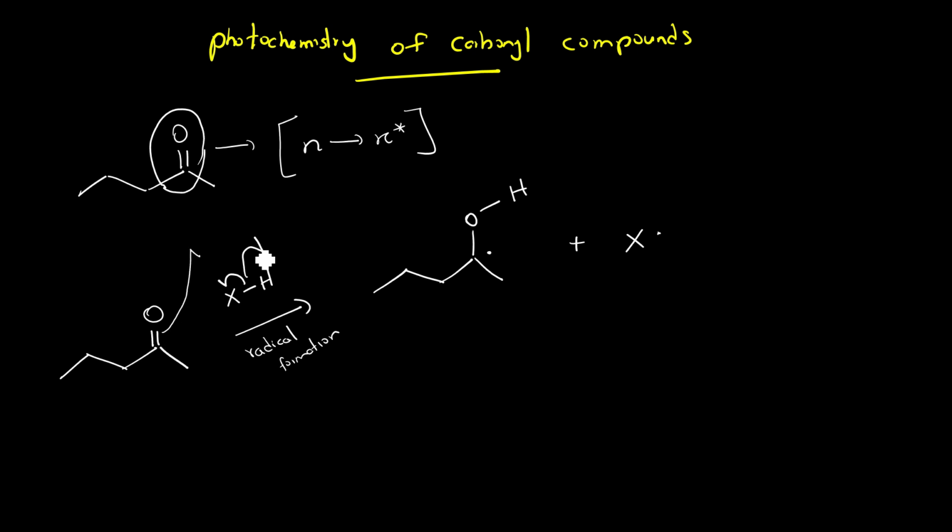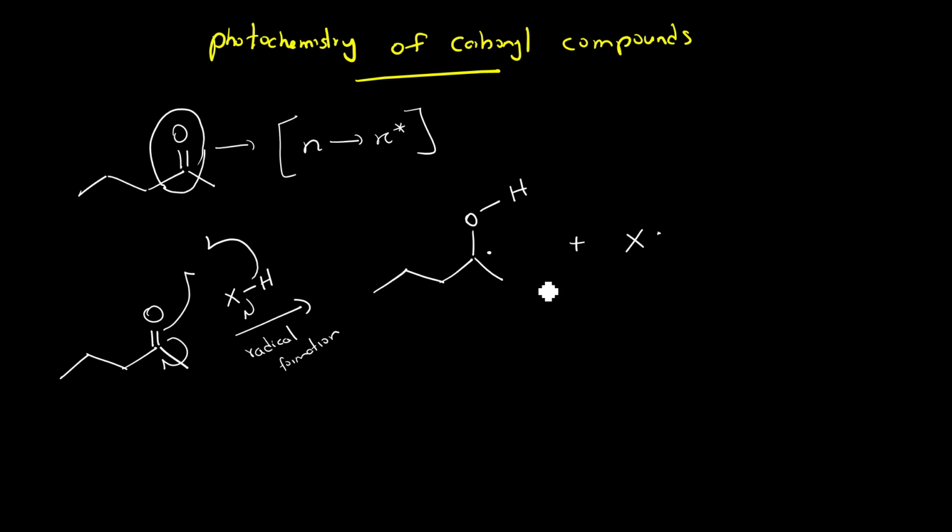This one electron will come and bond with another one of these. So let me draw it properly. Here we have this cleavage, and the other electron is going here. That's why we have the radical of X and the radical of this one. After this process, this X can be joined with our original molecule, or these other two molecules can join together. The reaction can continue to go on.